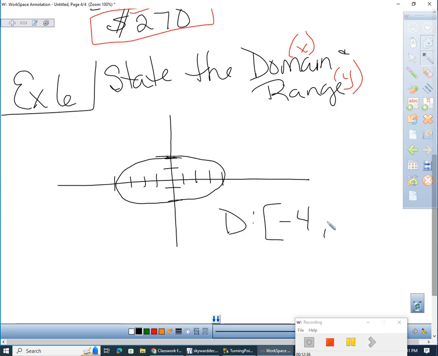Now you'll notice I have x values, x values, x values all the way to here. So what's the end part of my domain? +4. Okay. Let's do the range. Correct. The range would be -2 to 2. The range always starts from the bottom, the smallest y value, and goes to the top.